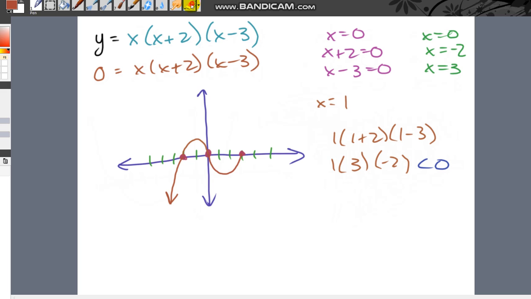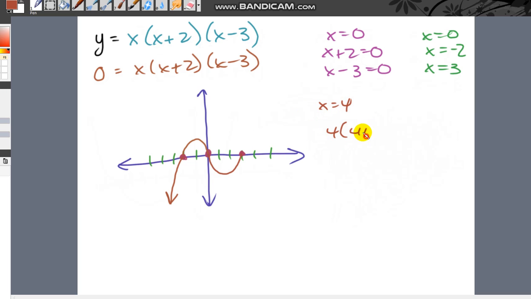Last one that we need to do, we need to figure out the last interval. Choose a value that's greater than 3. So maybe 4. Let's try 4. This is 4 times 4 plus 2 times 4 minus 3. If we calculate it, 4 times 6 times 4 minus 3 is 1.